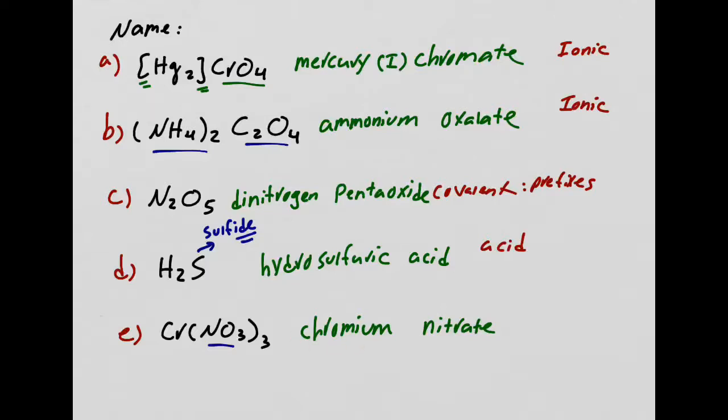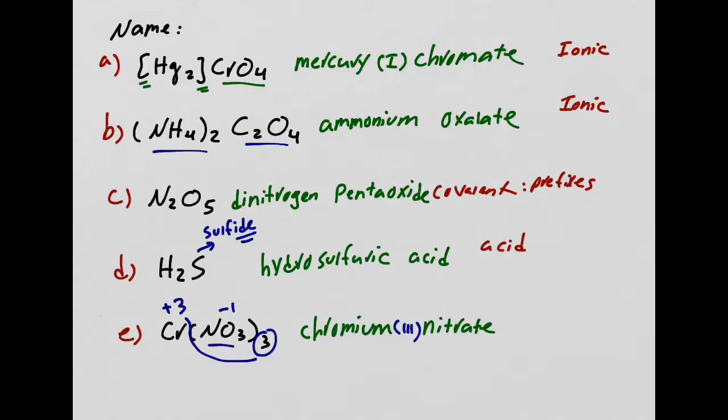So it has more than one possible charge. Which chromium are we talking about here? Remember, nitrate, look at the polyatomic ion sheet, has a -1 charge. Where did the 3 come from? The 3 came from chromium. So it is chromium(III) nitrate.